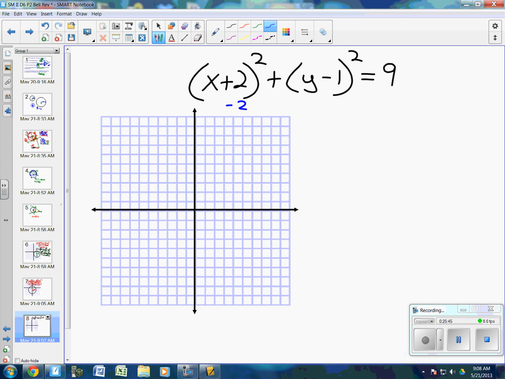This would be -2. That would be +1. That's the center. And the square root of 9 is 3, so the radius is 3. So (-2, 1) would be right here. A radius of 3. So I go out 3 this direction, up 3, left 3, down 3, and I draw my circle. How many of you had that?